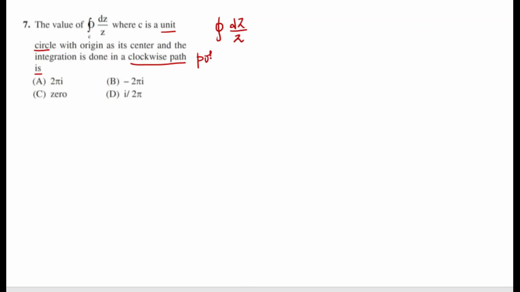First we must find the pole: equate the denominator to 0. So z equals 0 is a pole of it, which we call a simple pole or a pole of order 1. The residue is nothing but the limit as z tends to 0 of z minus 0 into f of z, which is 1 divided by z; z gets cancelled, so we got the value to be 1.